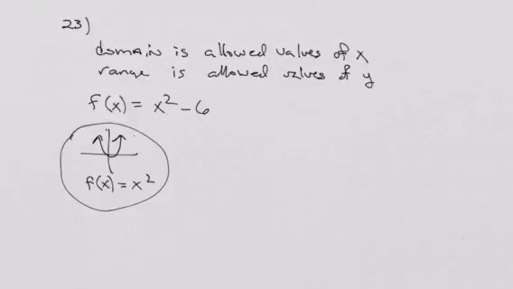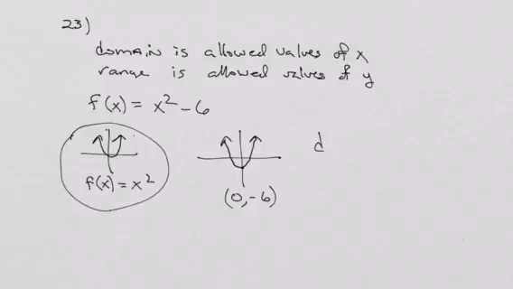What about this function here? Well, it's almost the same function. The only thing that's happened is it's been shifted down vertically by 6. Meaning this vertex is now the point 0 in x and negative 6 in y.